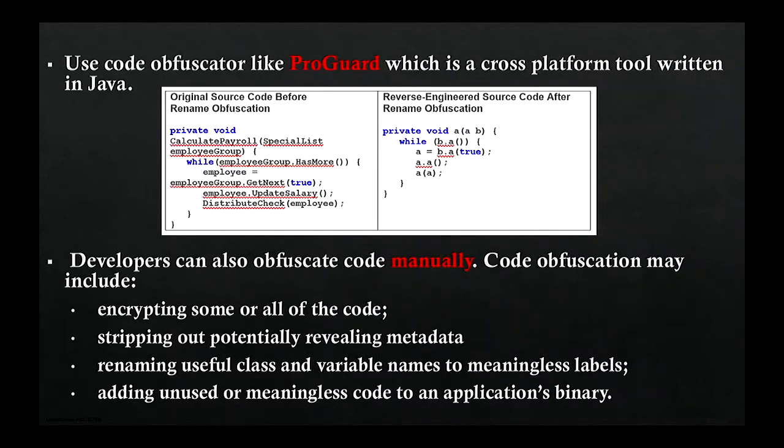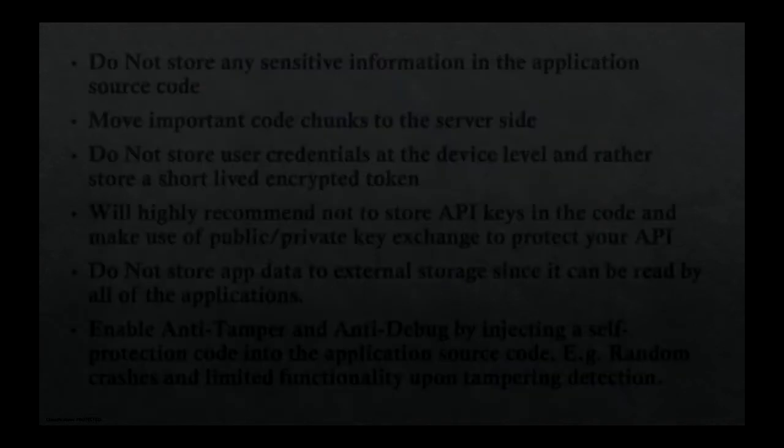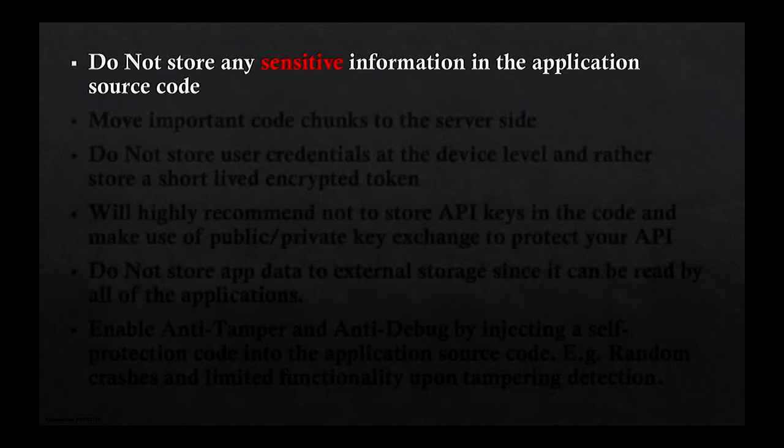Developers can also do this manually by looking at the code and finding those areas which are really important to your application. You can encrypt it, you can hash it, or use some automated tricks to do that. Some other things that I've put in there: please don't store any sensitive information in your source code.